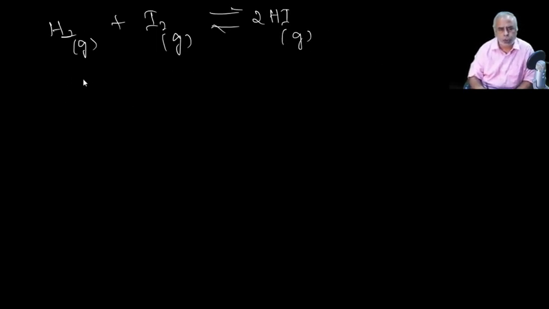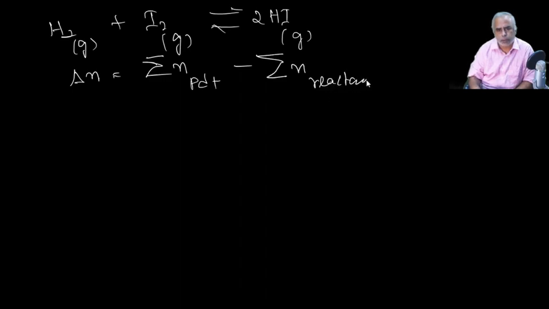For which, what is delta n? Delta n is nothing but the sum of number of moles of gaseous product minus the sum of number of moles of gaseous reactant. So in that case, we take this 2, minus 1 plus 1, 2, that is 0. So delta n is equal to 0.